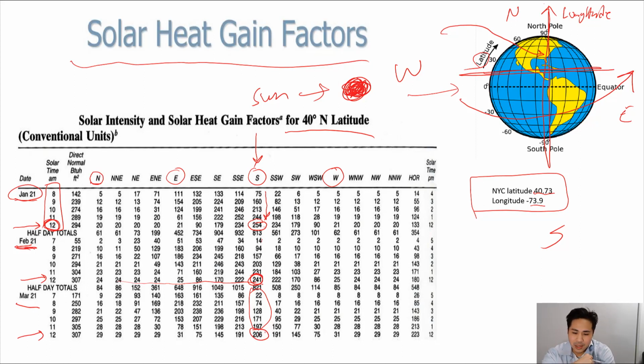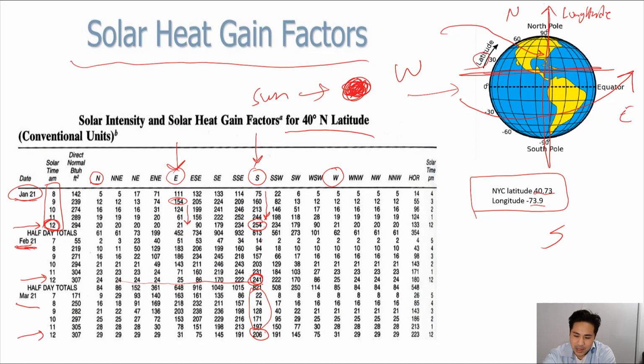Another thing is, you might have heard the saying, the sun rises in the east and sets in the west. If that's the case, that's also confirmed in this table. If you look at the column for east, you can see early in the morning it's high, and as you go throughout the day, the values drop.